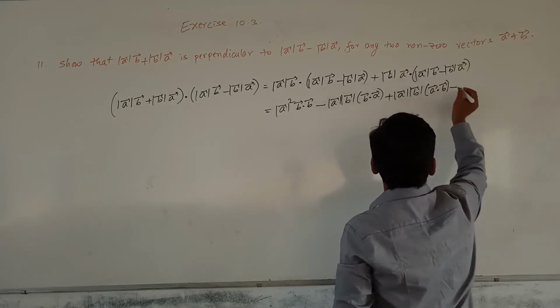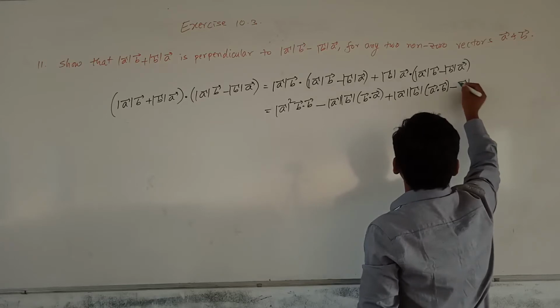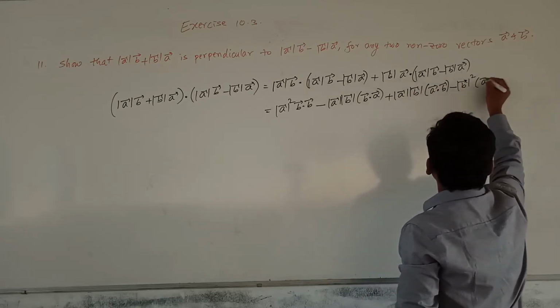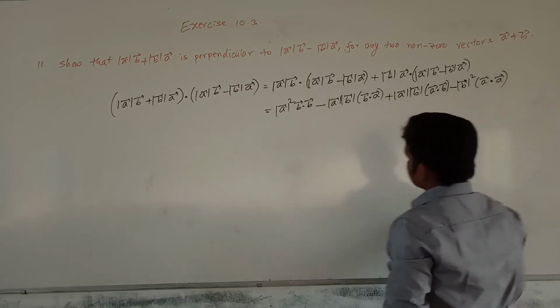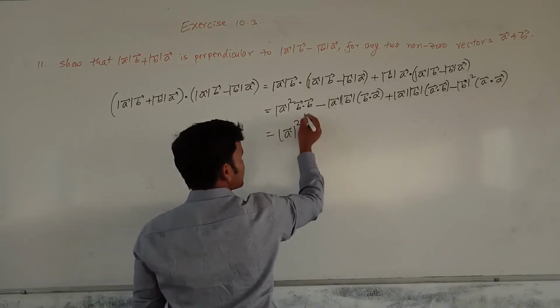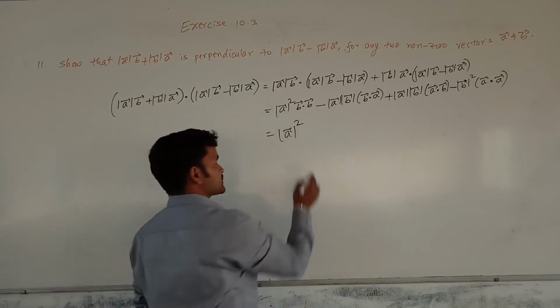Now plus into minus, minus. Here magnitude of vector B into magnitude of vector B, magnitude of B square I will write, and then the dot product between A and A, A dot A. Now A dot A is magnitude of A square. What is B dot B? B dot B is magnitude of B square.